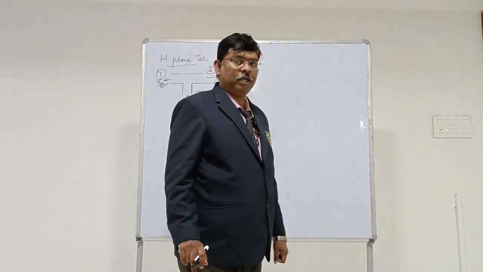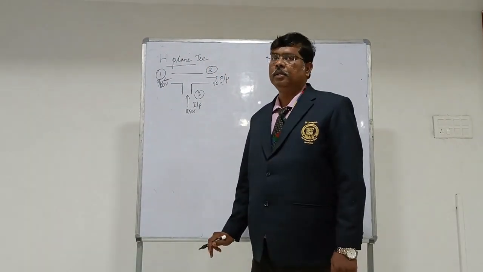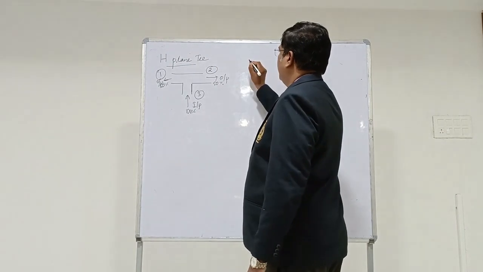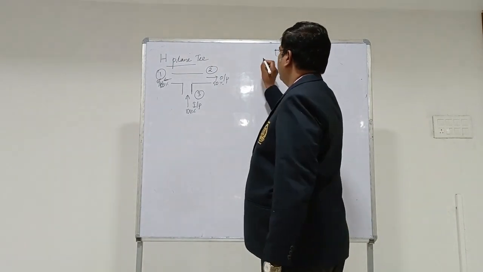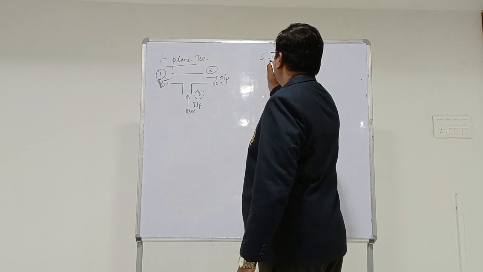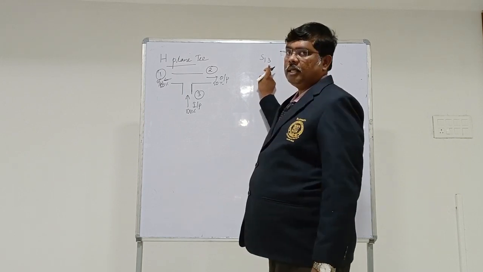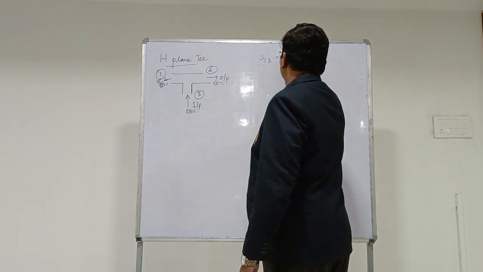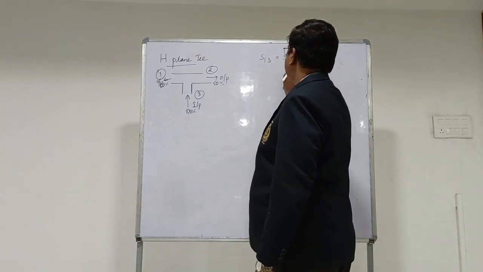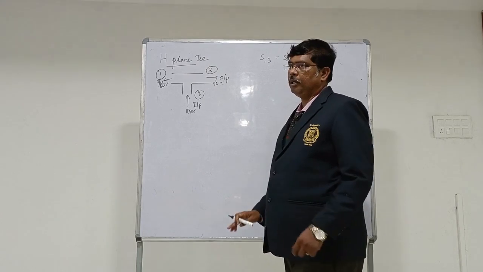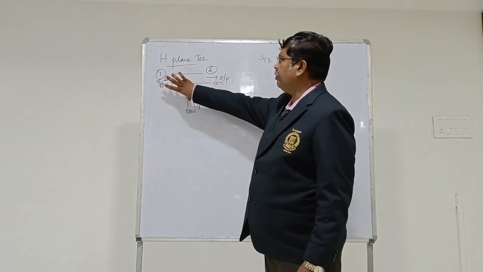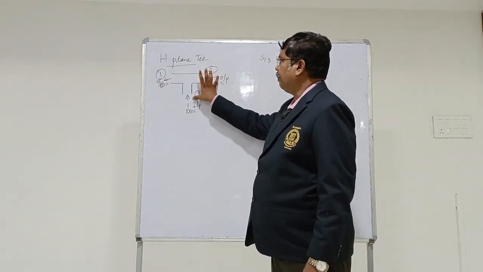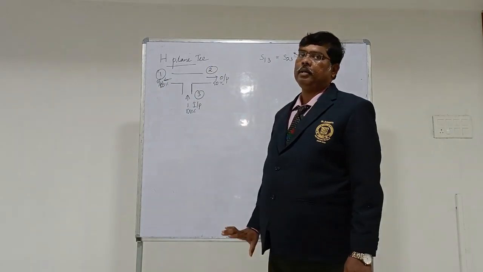Then we proceed with the derivation. First I will write the condition: S13, which represents port 3 as input and port 1 as output, is equal to S23, port 3 as input and port 2 as output. That means the coupling from port 3 to port 1 and from port 3 to port 2 are equal.